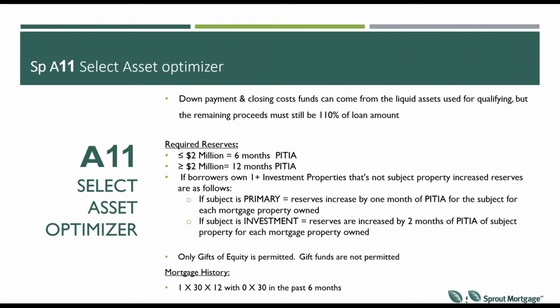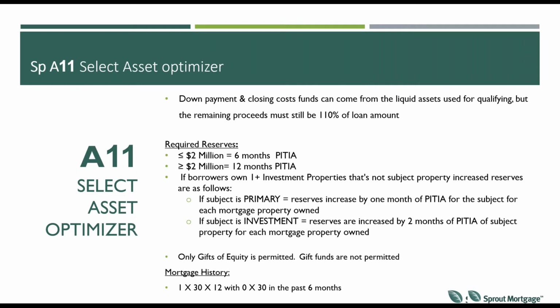One thing to note on the A11 program is the down payment and closing cost funds can come from liquid assets used for qualifying, but the remaining proceeds must still be 110% of the loan amount. So in that example of 400,000, they would need a minimum of 440,000, and that 440,000 still needs to be left over.